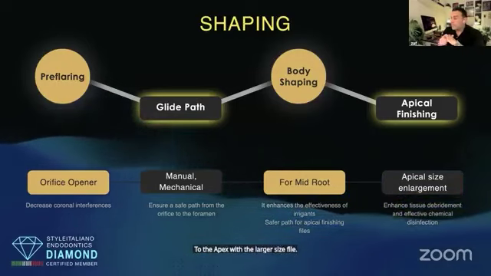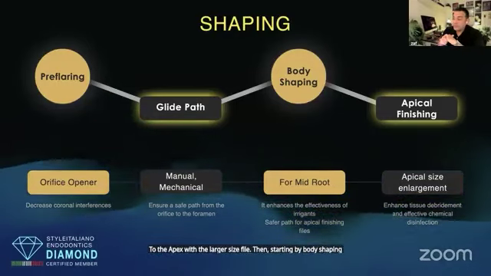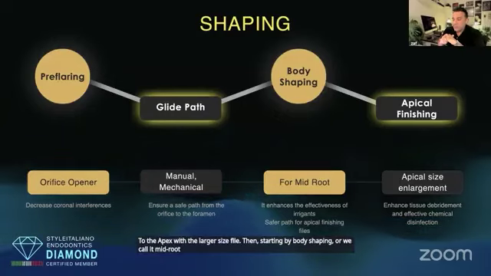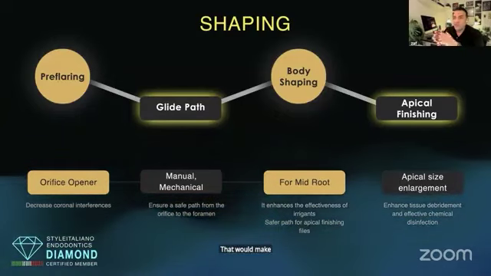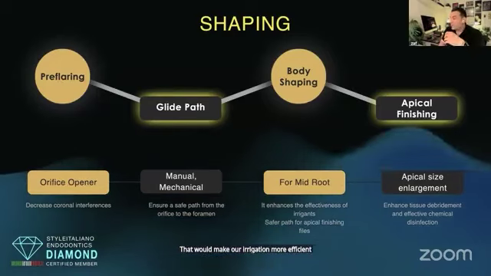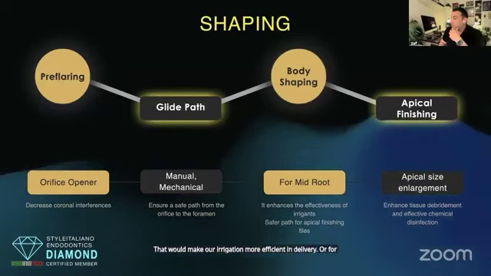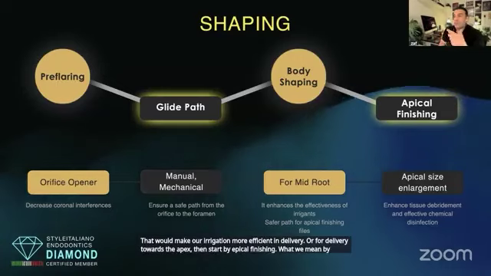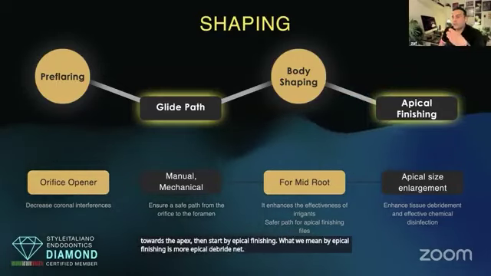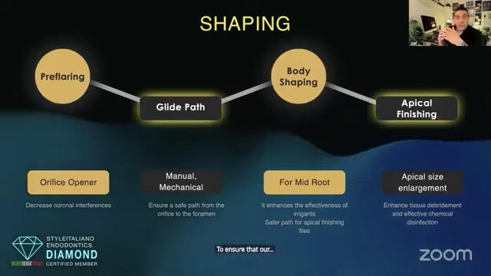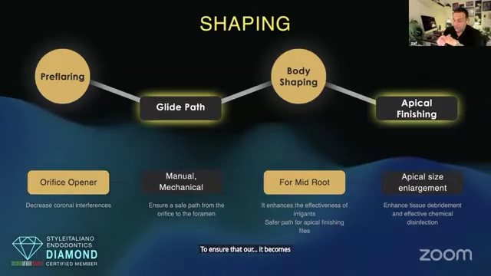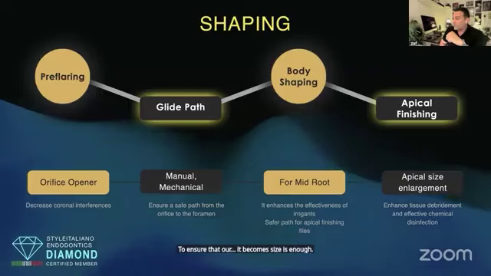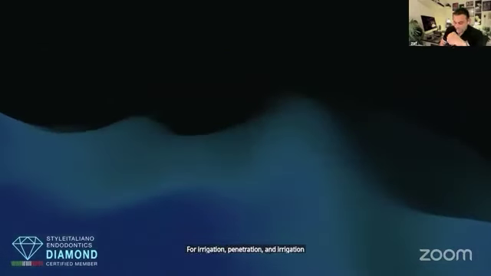Then body shaping, or we call it mid-root shaping, that will make our irrigation more efficient in delivery towards the apex. Then apical finishing. What we mean by apical finishing is more apical debridement to ensure that our apical size is enough for irrigation penetration and irrigation delivery.